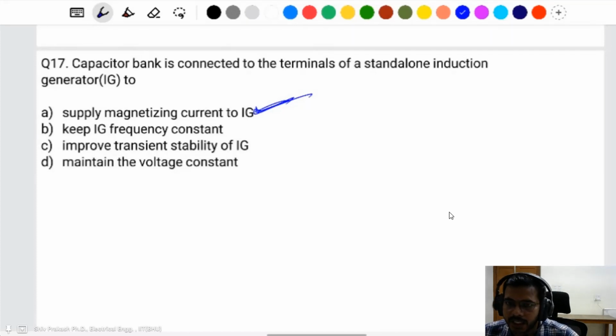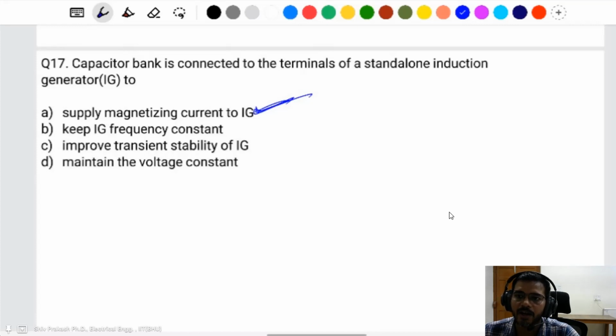But in the induction generator, there is no DC system or anything like that. There is only a rotor and a stator, the field and armature winding. Then how do you build up the magnetizing characteristic in the induction generator?